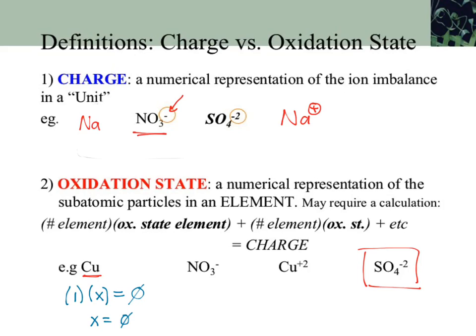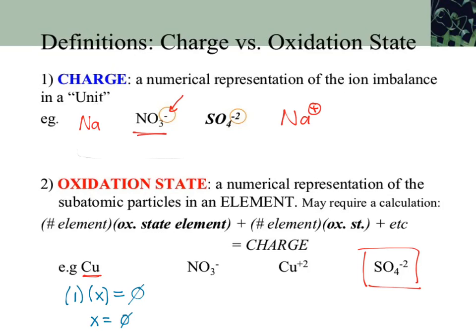I asked for the oxidation state, which applies to an individual atom. But I asked for the oxidation state of sulfate. Is sulfate an individual atom? No. So it was a bad question because you can't possibly answer that, because they don't make sense together. The oxidation state only applies to the atom. The charge, which is what Anna suggested, on sulfate is -2. But that's the charge, not the oxidation state.